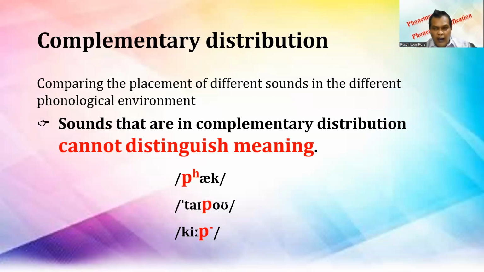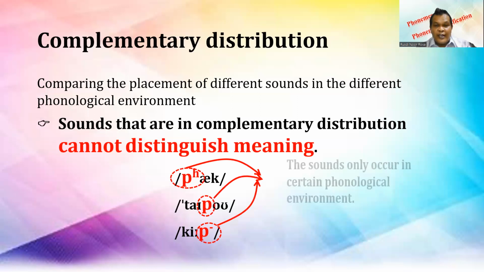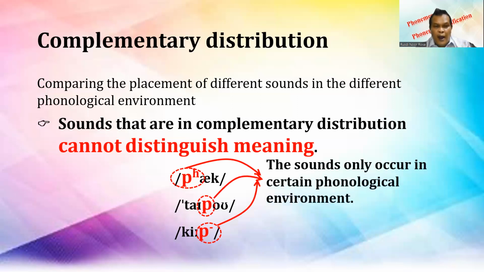Therefore, aspirated p, released p, and unreleased p are not phonemes because they are in complementary distribution. These sounds only occur in certain phonological environments, and that environment is fixed.